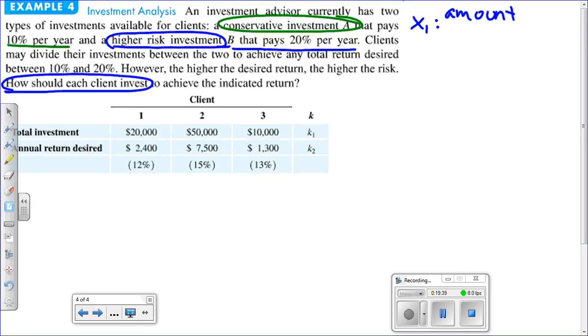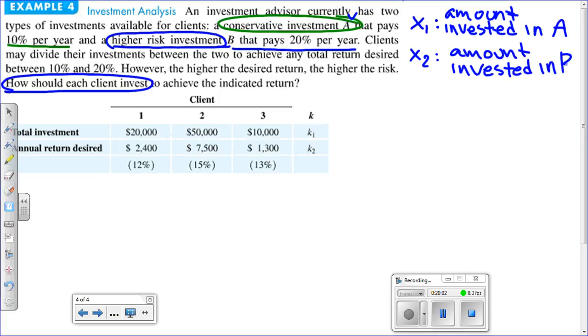So those are going to be amounts of money divided into investment A and investment B. So the amount invested in A, the conservative one, is x sub 1, and x sub 2 will be the amount invested in the other one, the high risk. And so if we add the two amounts invested, they will add up to this, K sub 1. Now K sub 1 right now is not a constant, it's just a variable.